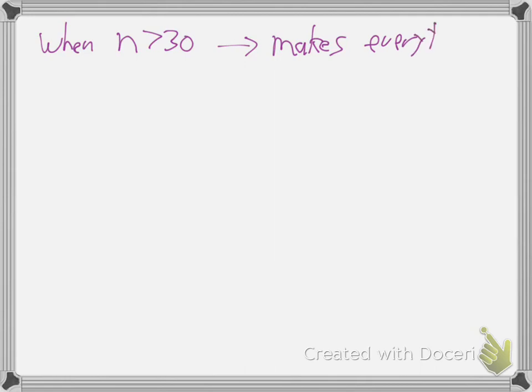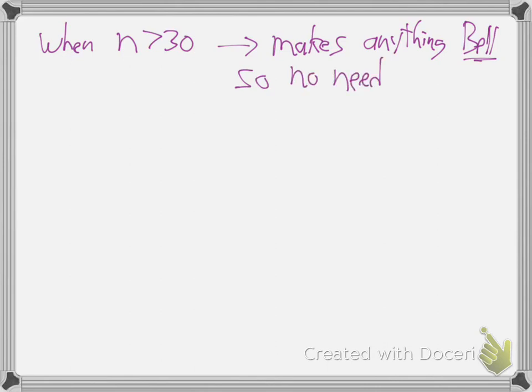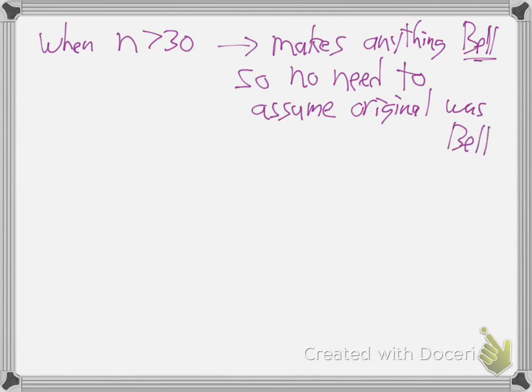So when n is greater than 30, it makes anything become a bell curve, right? So there's no need to assume the original was a bell.